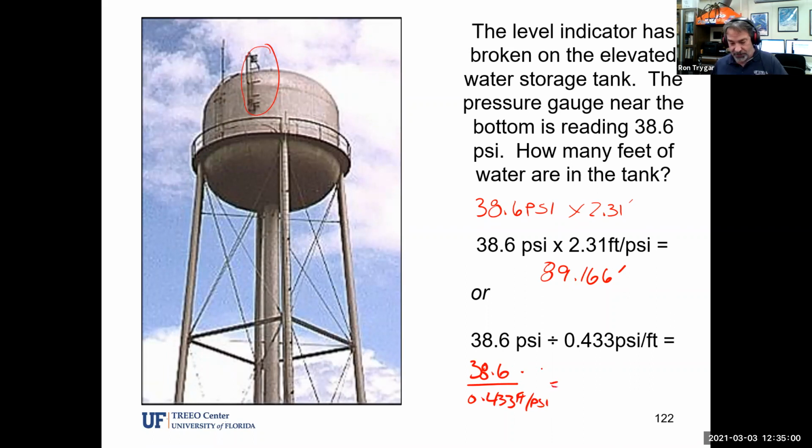And let's see what we got. So 38.6 divided by 0.433, and I come up with 89.145. So we got slightly different numbers, but the actual elevation being 89.1, 89.2 feet of elevation is pretty darn close. So yeah, that's how we would work that calculation out.